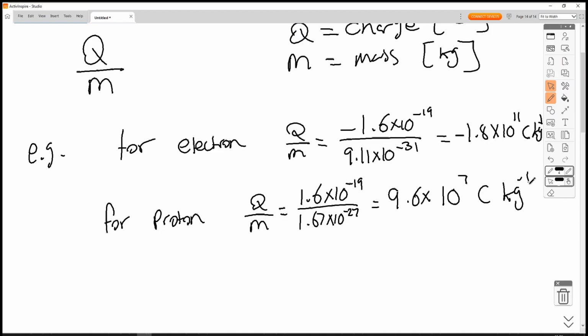If we go any bigger than that, we're going to have helium. Helium has charges in its nucleus, the protons, but it also has the neutrons. And the neutrons increase the mass without increasing the charge. So the specific charge, as you go to larger and larger atoms, will decrease.